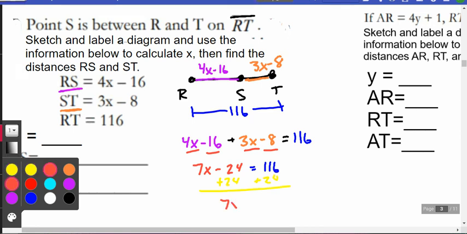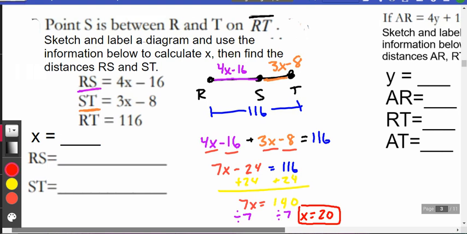The result would be 7x equals 140. Divide by 7. X equals 20. All right, so we have x equals 20 here.